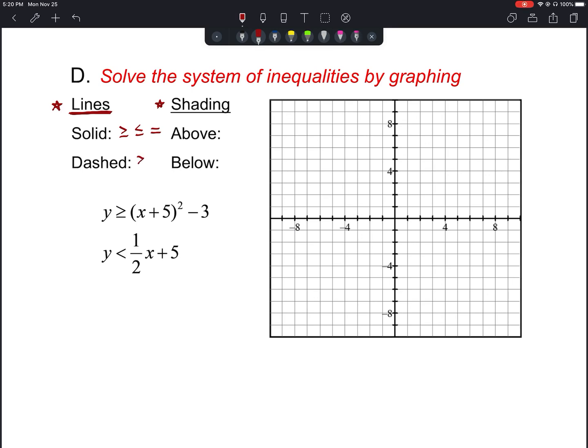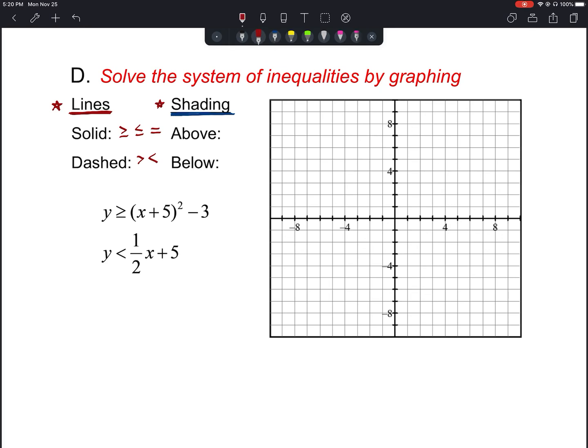Our lines are dashed if it's just greater than or just less than. And then we look to shade above or below our lines depending on if they're greater than or less than. And we'll talk about that as we go into graphing a few of these.